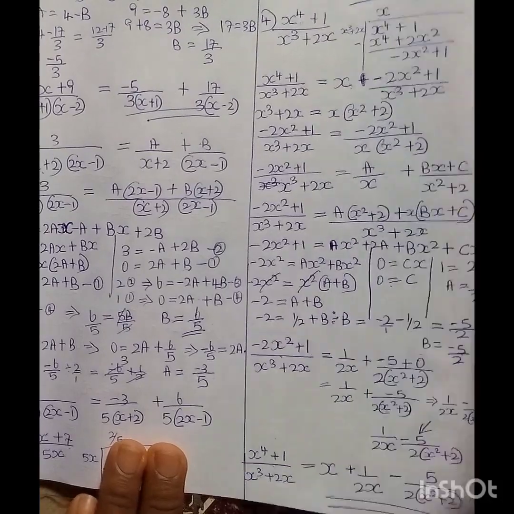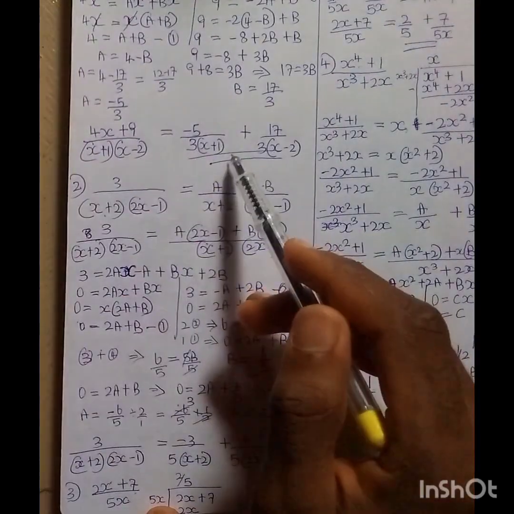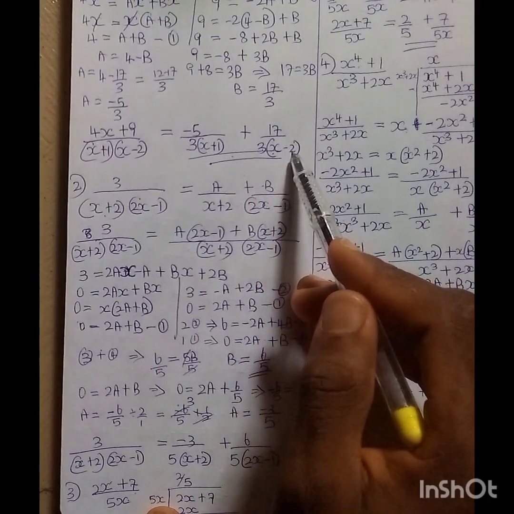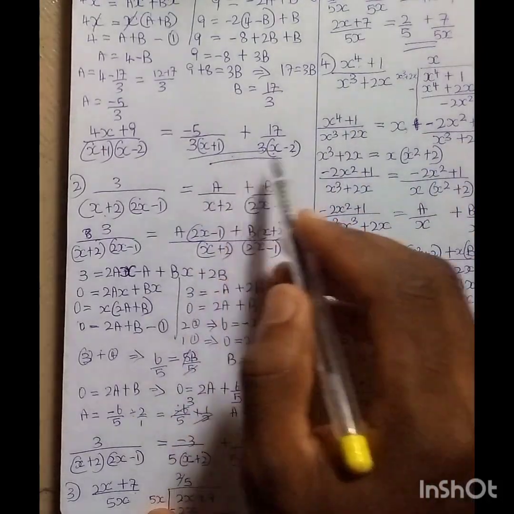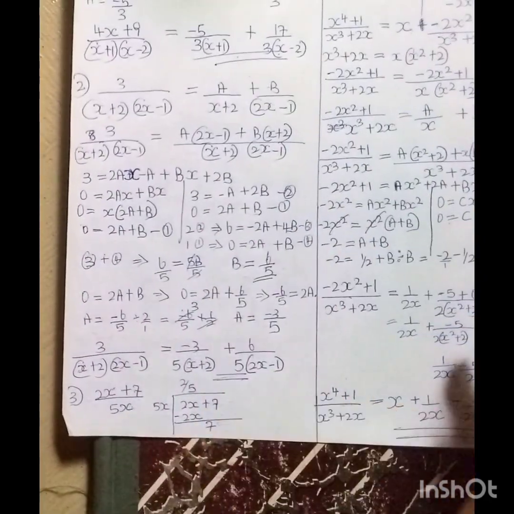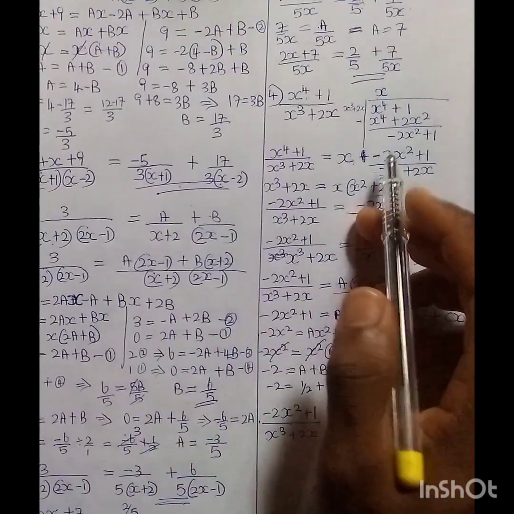for this question. So we're able to solve 4 questions. This is the first one, this is the second one, this is the answer to the first one. This is 3 bracket x minus 2. Sorry for the way I ruled the line. This is the second question, this is the answer. This is the third question, and this is the answer.